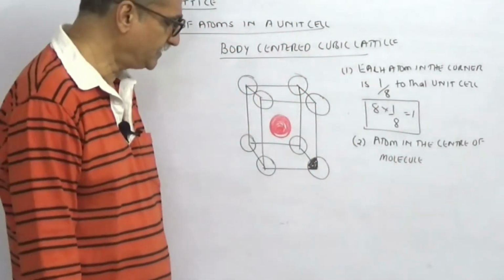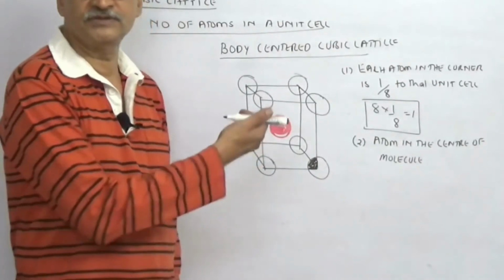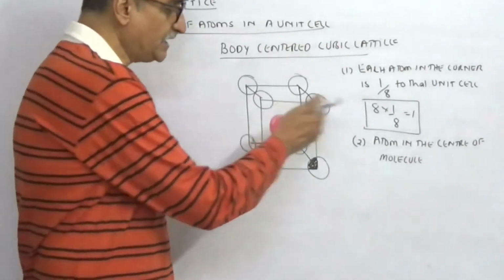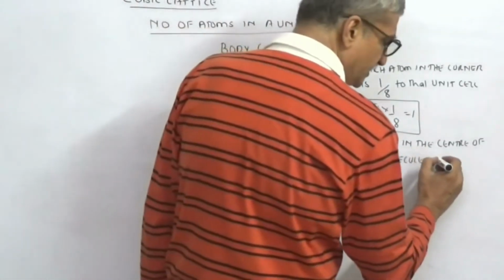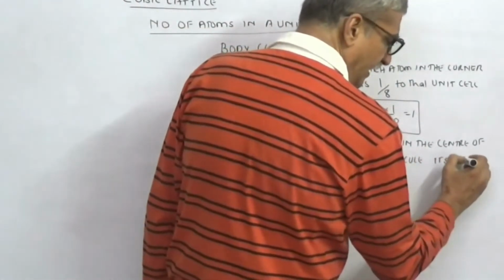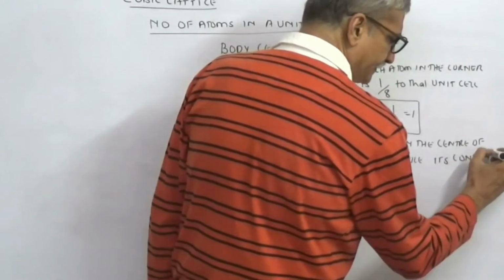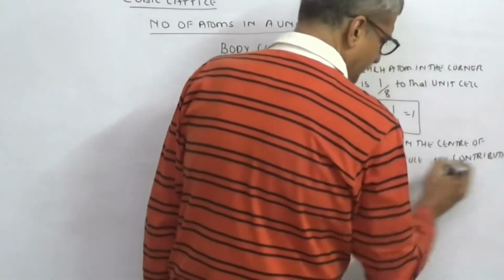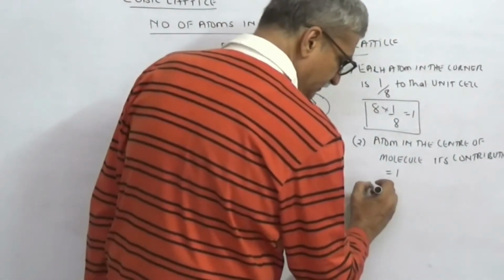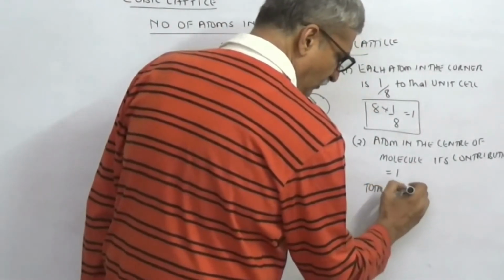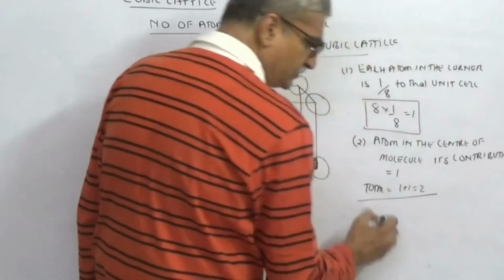Is this point clear? Now what happens to that atom? Its contribution is complete, one full, because each unit cell will have one such atom. So that will be equal to 1. So what will the total be? Total will be 1 plus 1, that is equal to 2.